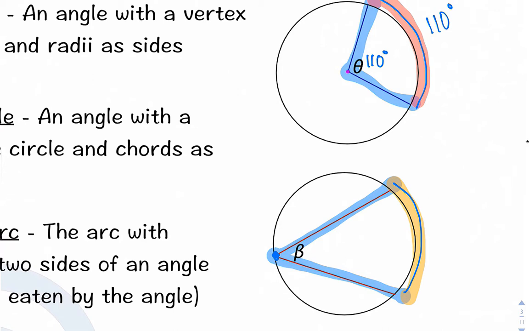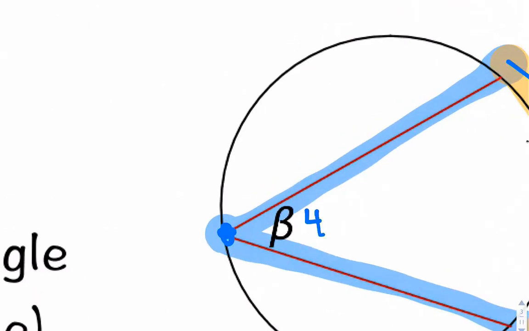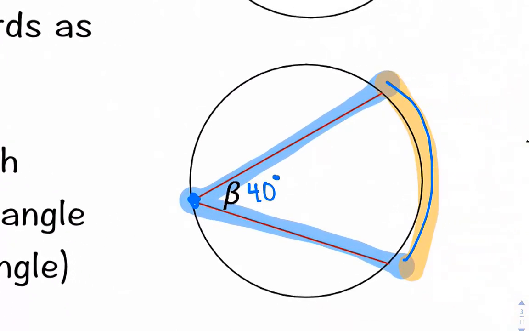Now, the difference between a central angle and an inscribed angle. So let's say that this looks like a 40-degree angle. The measure of this intercepted arc is not 40 degrees. It is actually 80 degrees. So it is double the measure of that inscribed angle. So times 2.